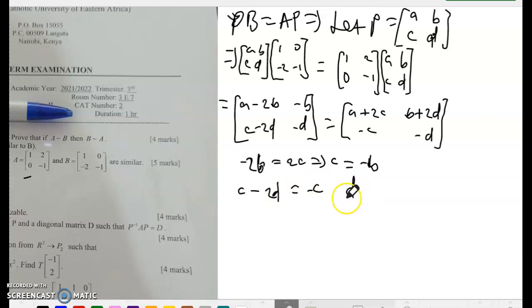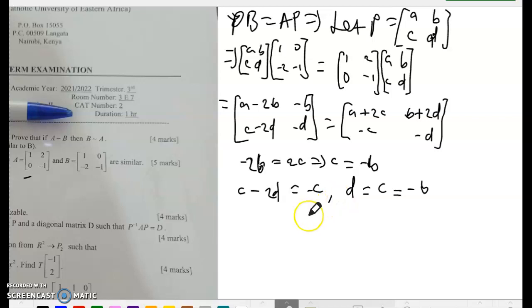Meaning that d in this case will be equal to c, which is equal to negative b, because we know that c is negative b, and d here is equal to c because we have c minus 2d. So c minus 2d is equal to negative c, because we know that d is equal to c. And if that happens, we know what c is. C is simply negative b.